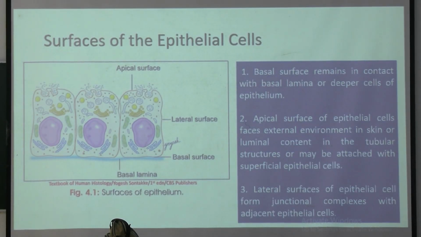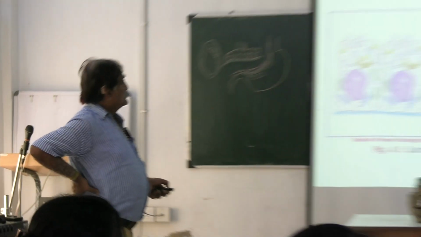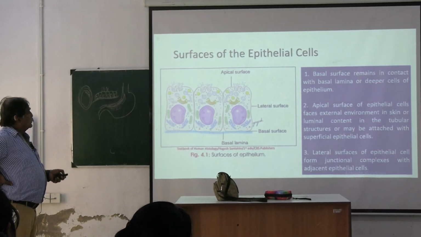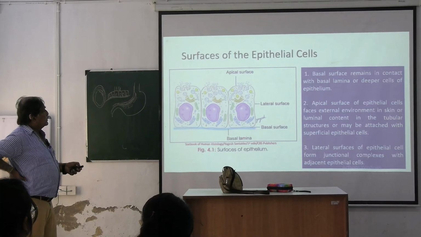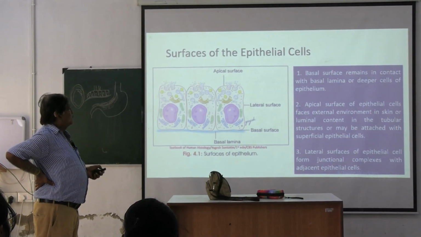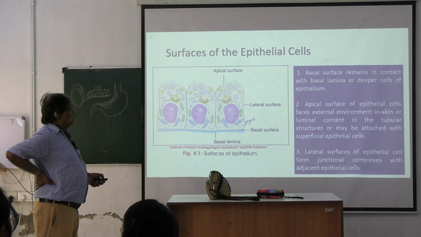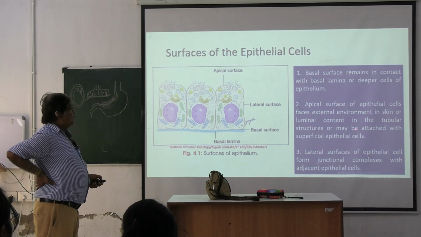Now, surfaces of the epithelium. This is the apical surface, this is the lateral surface, this is the basal surface, and this is the basal lamina. The basal surface remains in contact with the basal lamina or deeper cells of the epithelium. The apical surface of the epithelial cell faces the external environment in skin, or luminal content in tubular structures, or may be attached with superficial epithelial cells.